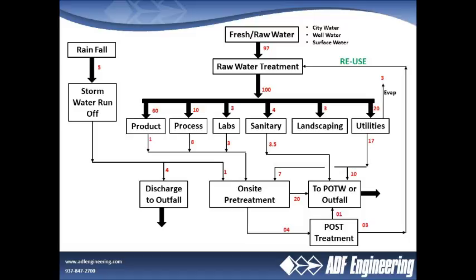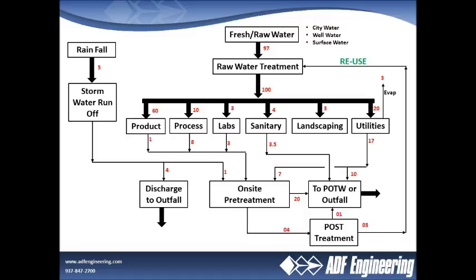And you may or may not have an on-site pre-treatment system. After you treat it, you might be discharging it out to a POTW, a publicly owned treatment works, or to an outfall. Or you might even take some of the stream, as it shows down below, and send it to some kind of post-treatment and reuse that water out to the front of the system.